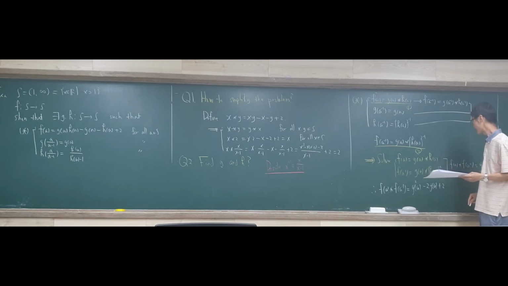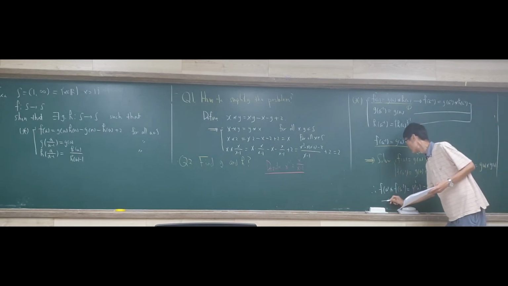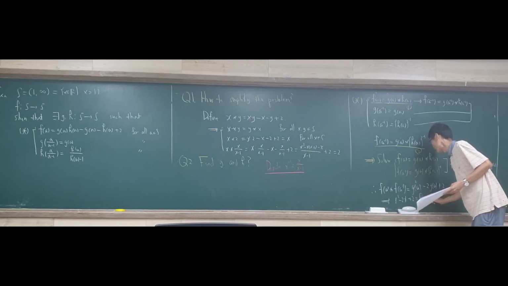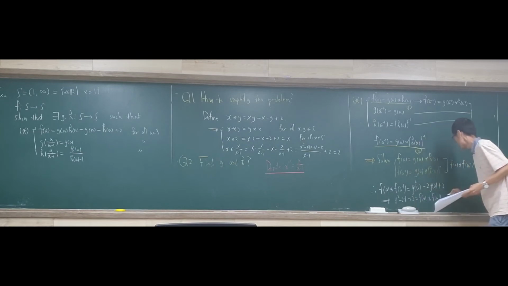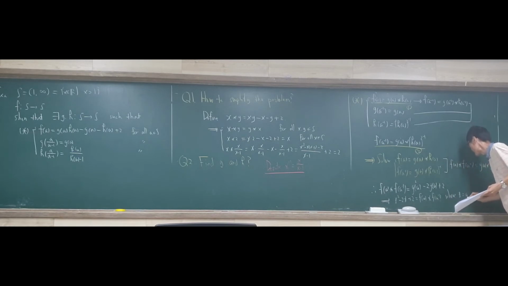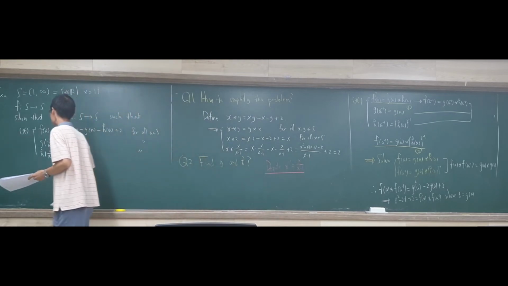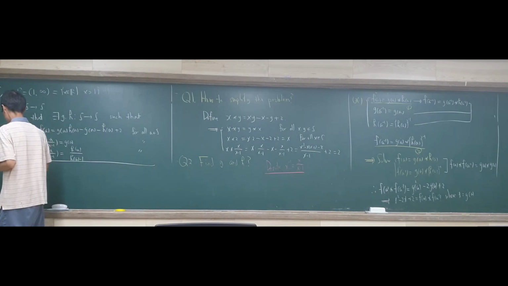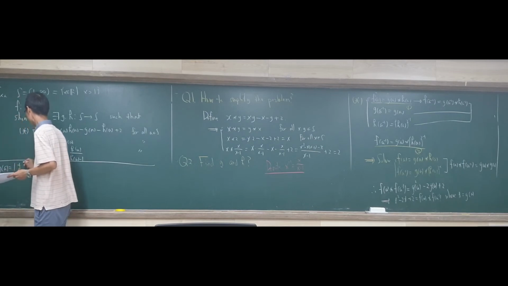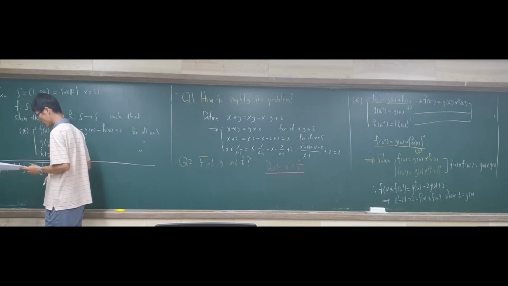By replacing G(a) with T, T squared minus 2T plus 2 equals F(a) star F(a) inverse, where T is G(a). So by solving this equation, we can see that G(a) is equal to 1 plus or minus the square root of F(a) star F(a) inverse minus 1.